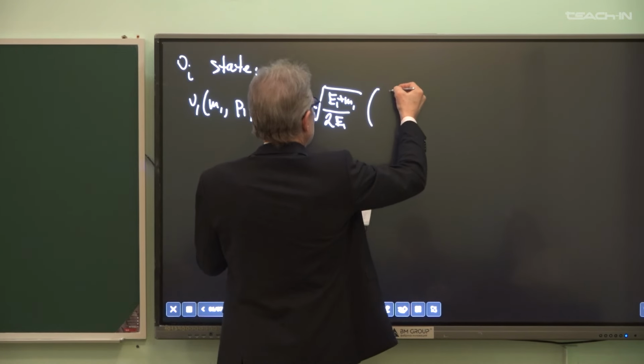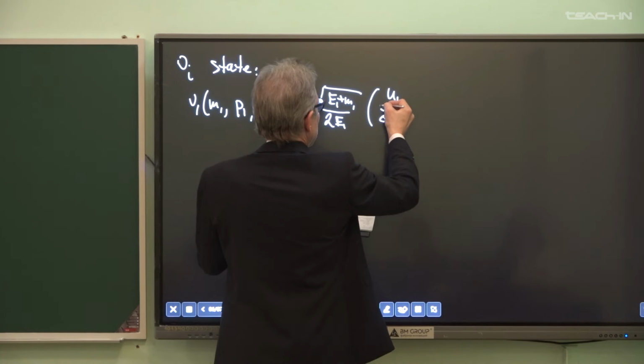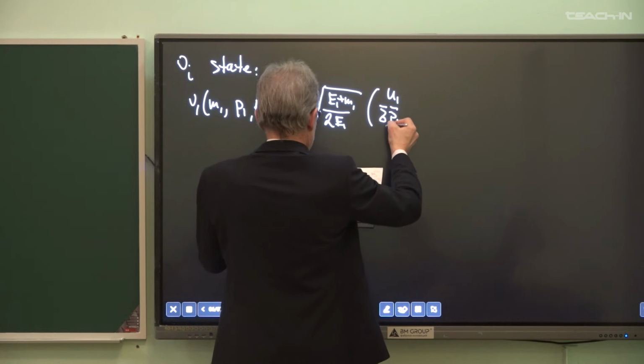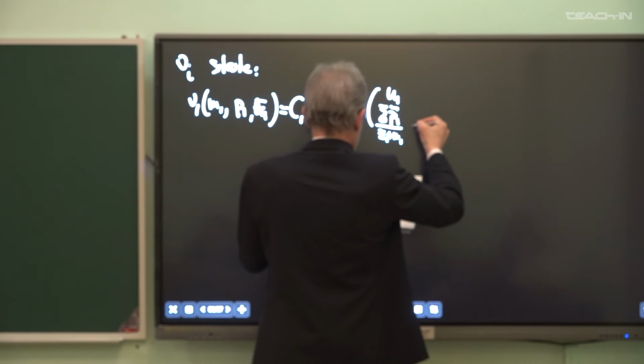And here, U1, sigma dot p, this is a vector, divided by energy plus m, U1.